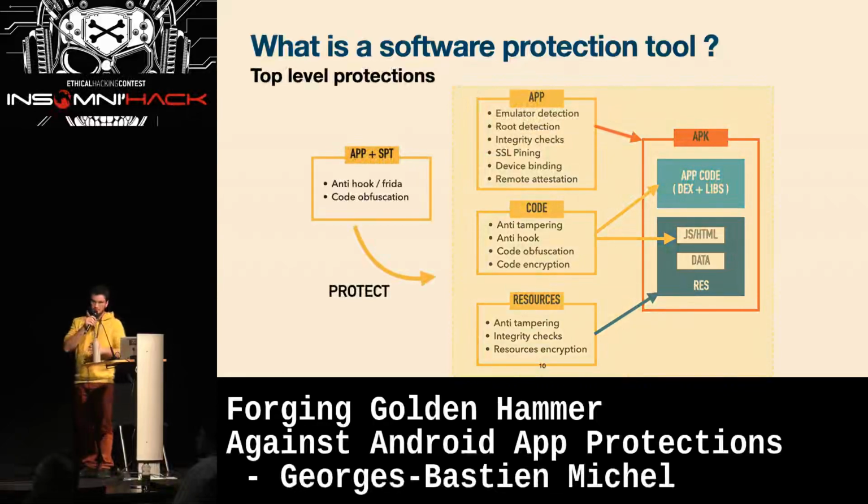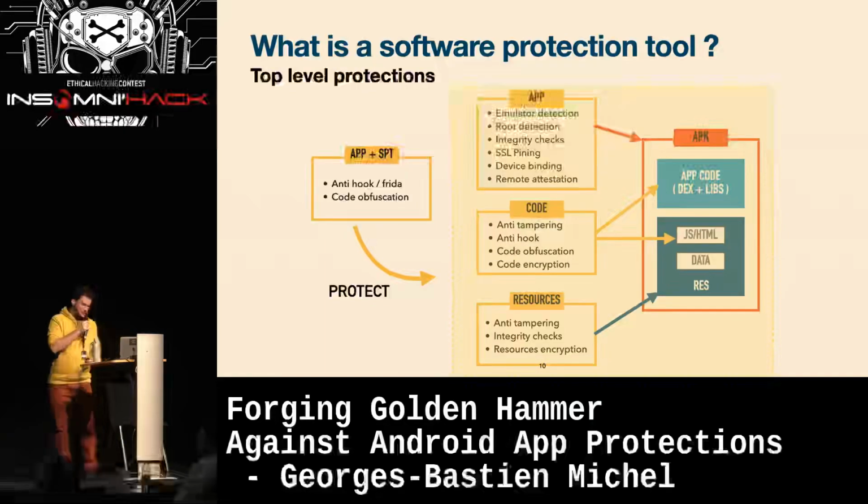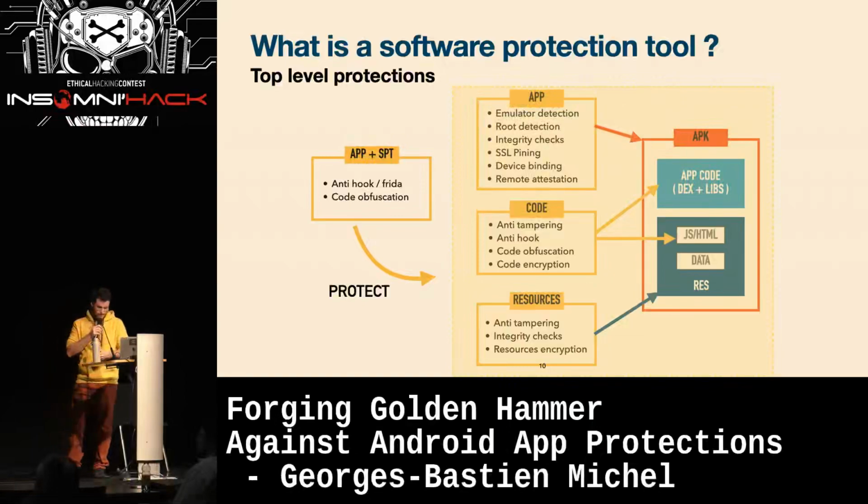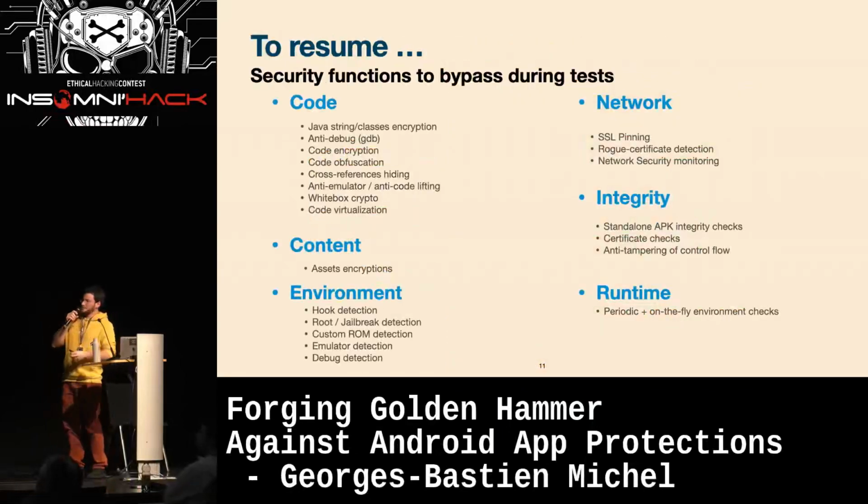And finally, the application and the countermeasures offered by the SPT are protected by anti-hook and code obfuscation provided by SPT editors. In an SPT, there are a lot of security functions. Some are listed here, but we only covered some.